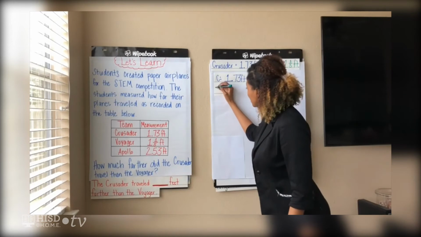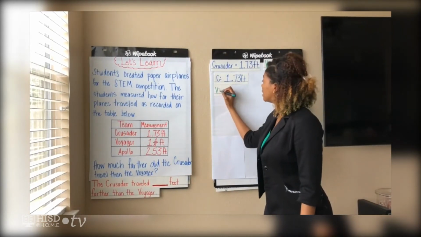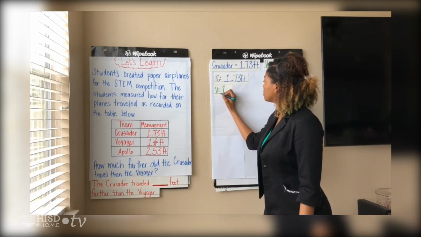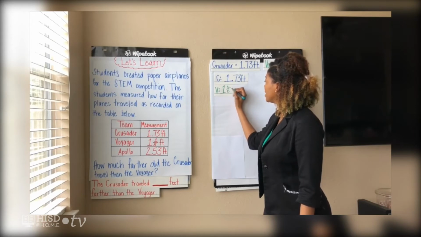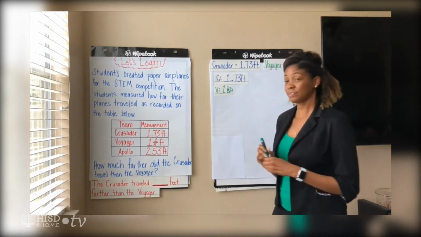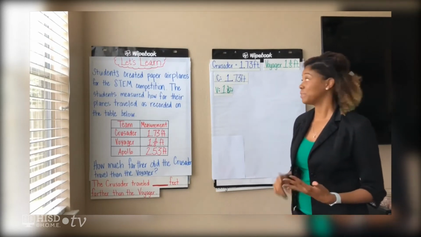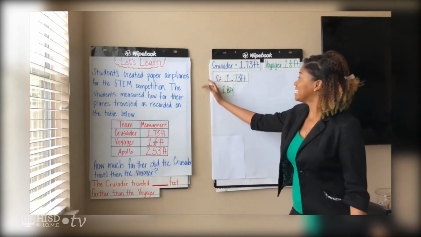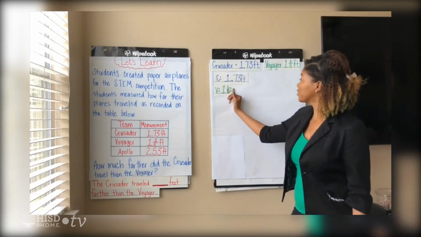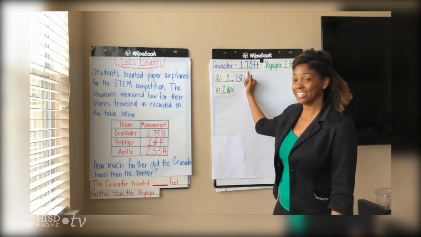So I'm going to label this with the V because that's the Voyager, and I'm going to label it 1 and 1/5 feet. So now I have my Crusader label, I have my Voyager label. This is the start. This is where the Voyager ended. This is where the Crusader started, and this is where the Crusader ended.